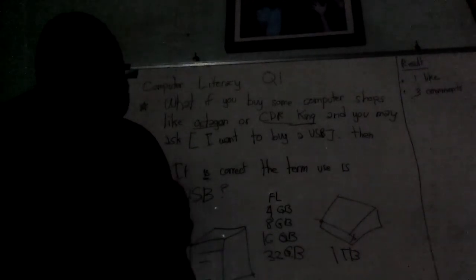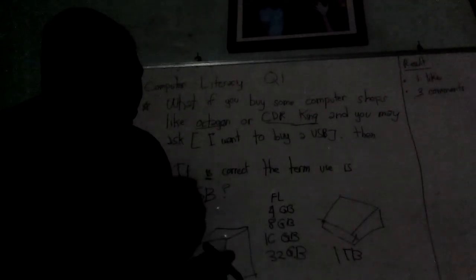Your flash drive, your external hard disk, and your compact disc are considered storage devices. Even a compact disc or CD that can be bought on the market is considered storage for images, music, and other files.